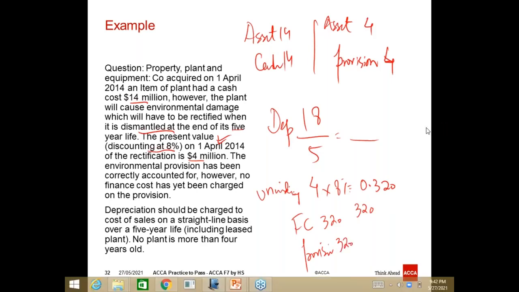Depreciation will be 18 million divided by 5. Are we not going to do the calculation on 4,000 only? That would be done only when the question says that the 14,000 was already recorded and depreciated.